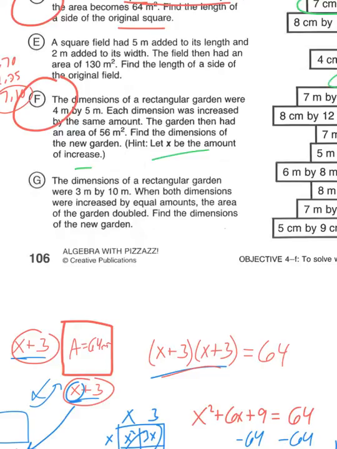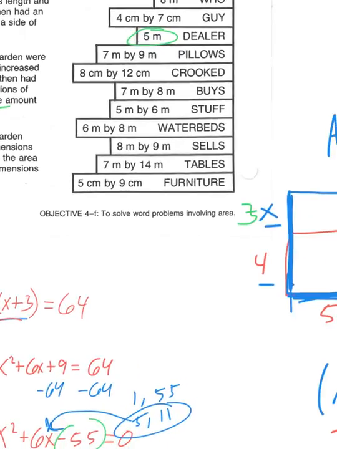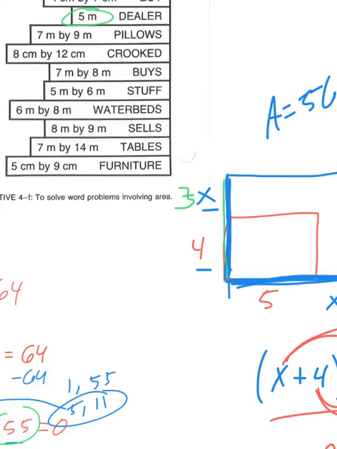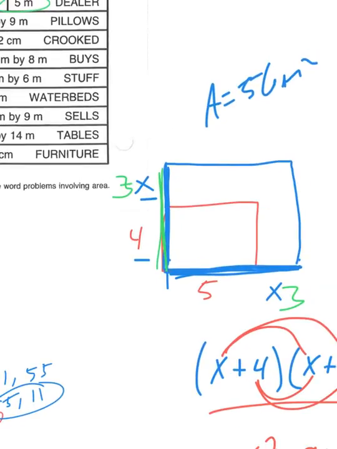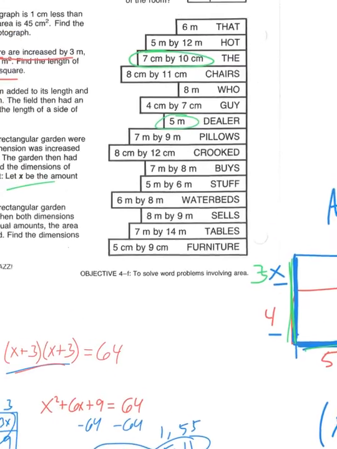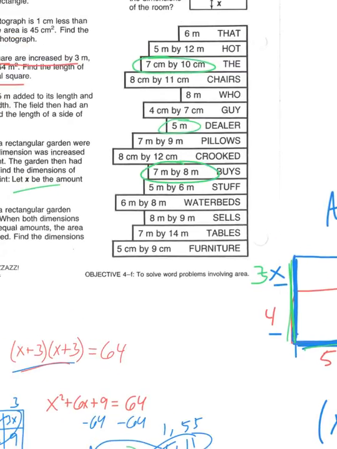X is the increase they talked about. Yep, we did that. So the dimensions of the new garden. Well, this is 3 and 4, so this is 7, and this is 8. So it's a 7 by 8, which is right here. So yep, we must have done it correctly.